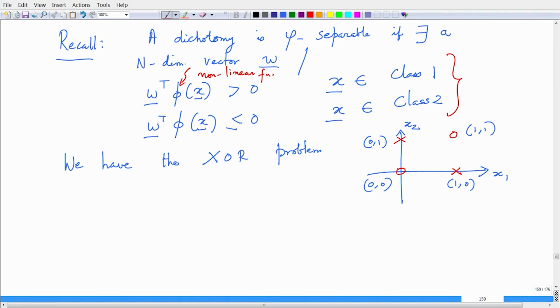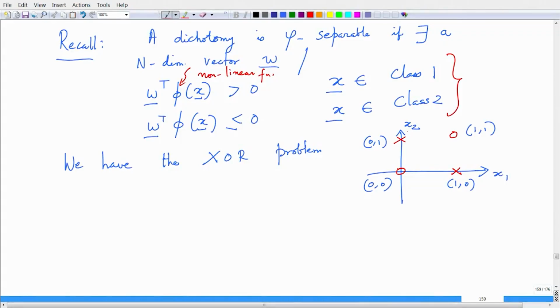Now, let us consider the XOR problem within this context. We have a 2 variable situation here, variables x1 and x2, and they are Boolean variables taking zeros and ones. So, I have 4 possibilities 0 0, 0 1, 1 0 and 1 1, and I am marking these coordinates.